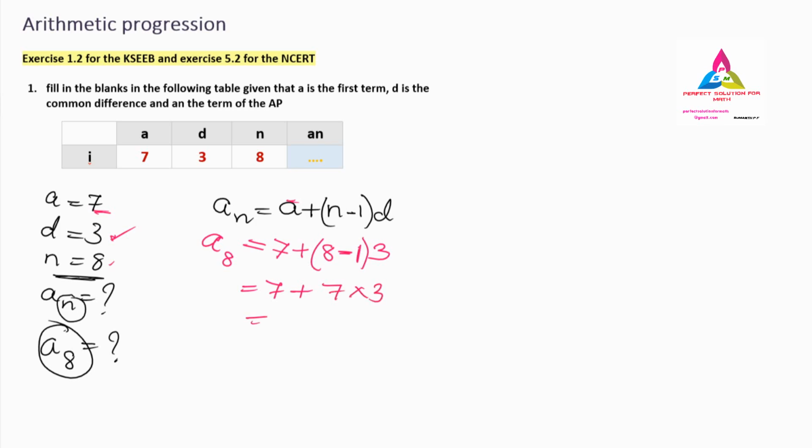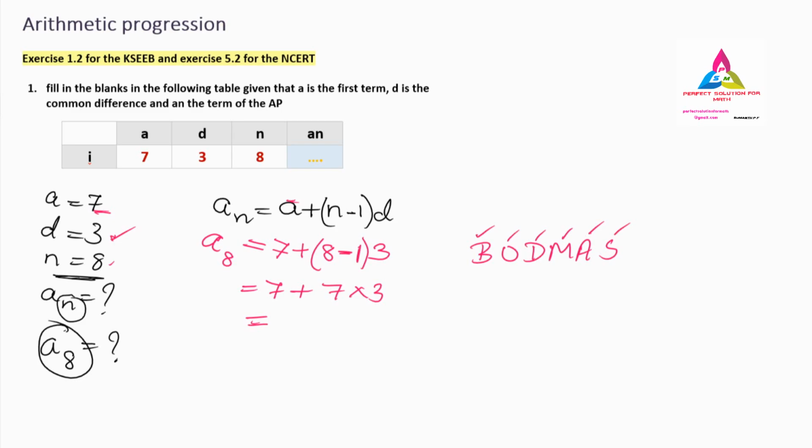Here you can ask, can we add 7 plus 7 first, then multiply? But it is wrong, because we know the BODMAS rule. You know already that BODMAS rule. B is the bracket, O is the order, or some of them call it of, then division, then multiplication, addition and subtraction.